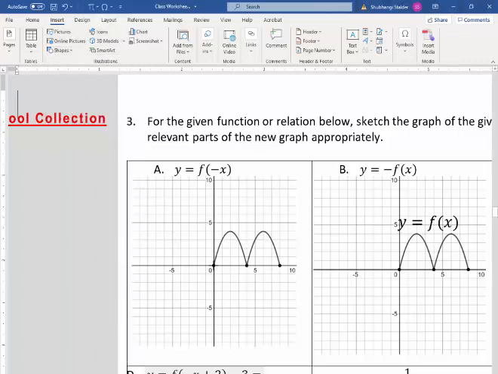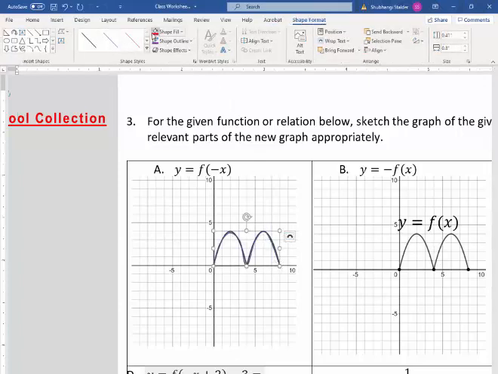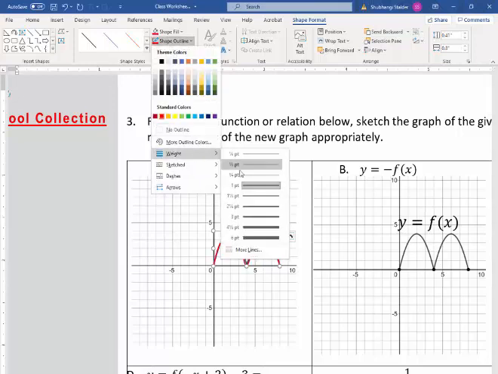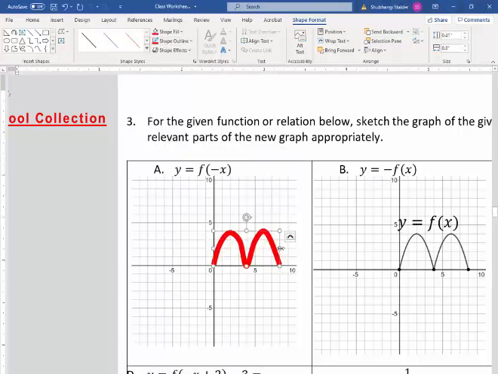Mirrored it to the left. All right. So you went basically like that. Yep. Okay. Yep. All right.